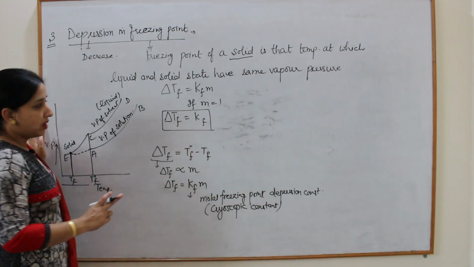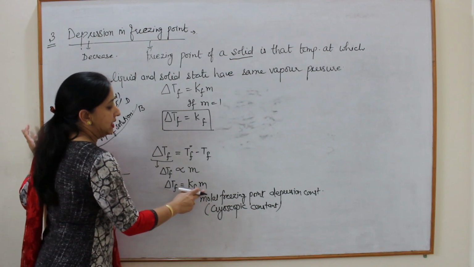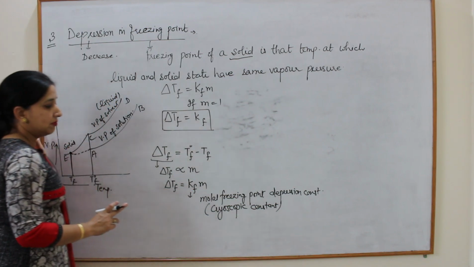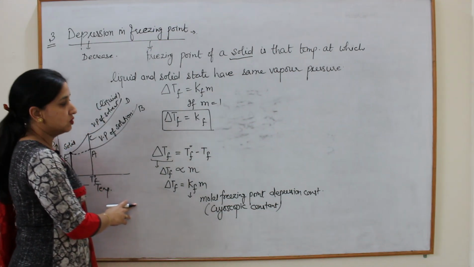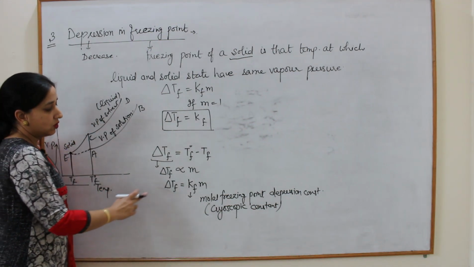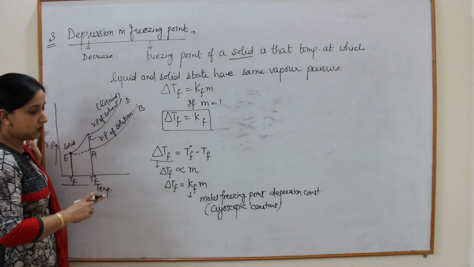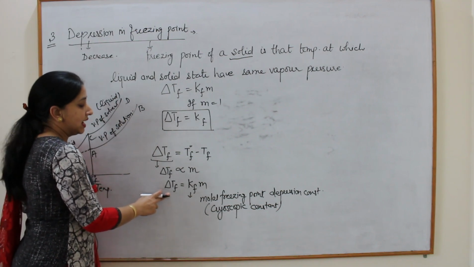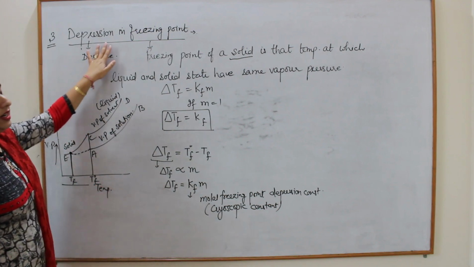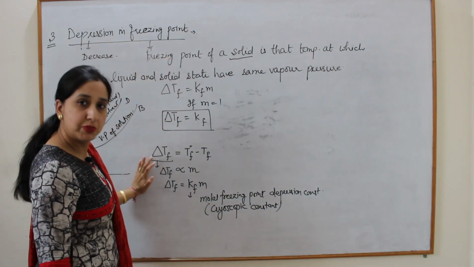Now, similar to boiling point, if delta TF is dependent upon the molality, it is again dependent on the number of moles of solute. So if it is dependent upon the number of solute particles, then we can easily say that delta TF, or depression in freezing point, is a colligative property.